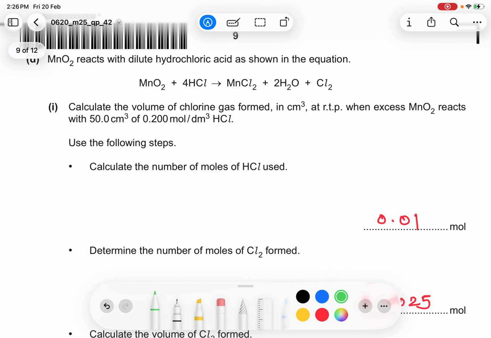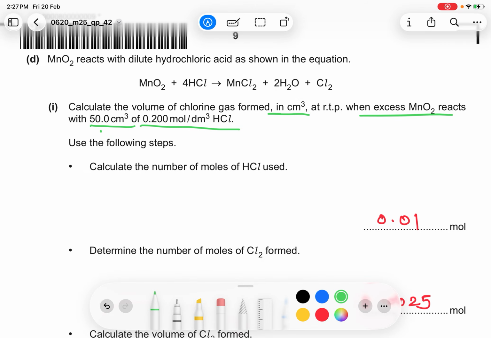Next, manganese oxide reacts with dilute hydrochloric acid as shown in the reaction. They have also provided us with the equation, that is MnO2 plus 4HCl gives manganese chloride plus 2H2O plus chlorine. Calculate the volume of chlorine gas formed in cm3 when excess manganese oxide reacts with 50 cm3 of 0.200 mol per dm3 HCl.